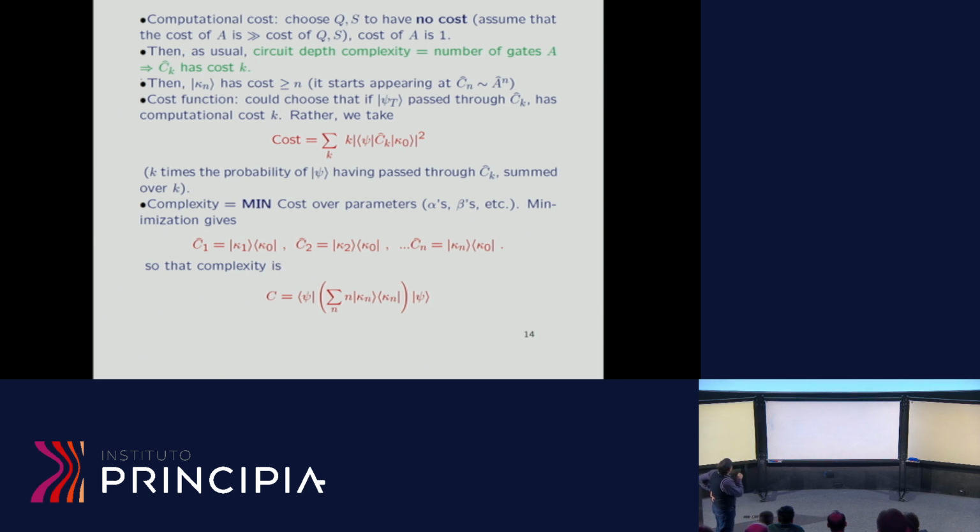But then the complexity is the minimum cost over the parameters, alpha and betas, right? These were the arbitrary alphas and betas. And once you do the minimization of this cost, you find that C1 at the minimum is equal to this, C2 at minimum is equal to this.